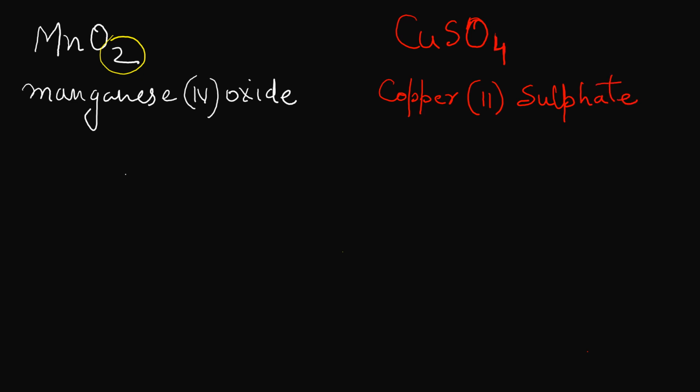You might be confused with why not 4 because SO4 altogether is a polyatomic anion. So basically the negative charge on the sulfate must have been balanced out by the positive 2 charge on the copper. So that's how we know that the valency of the copper used here must be copper 2, right? So let's do some more examples.